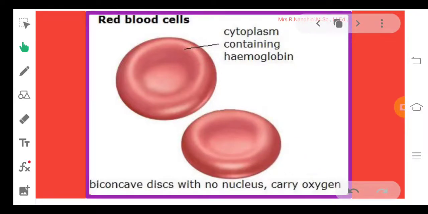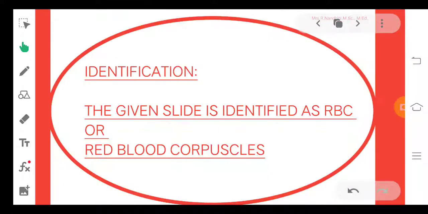RBC carries oxygen, but it has no nucleus. It is biconcave disc shaped. This is the cytoplasm containing hemoglobin.